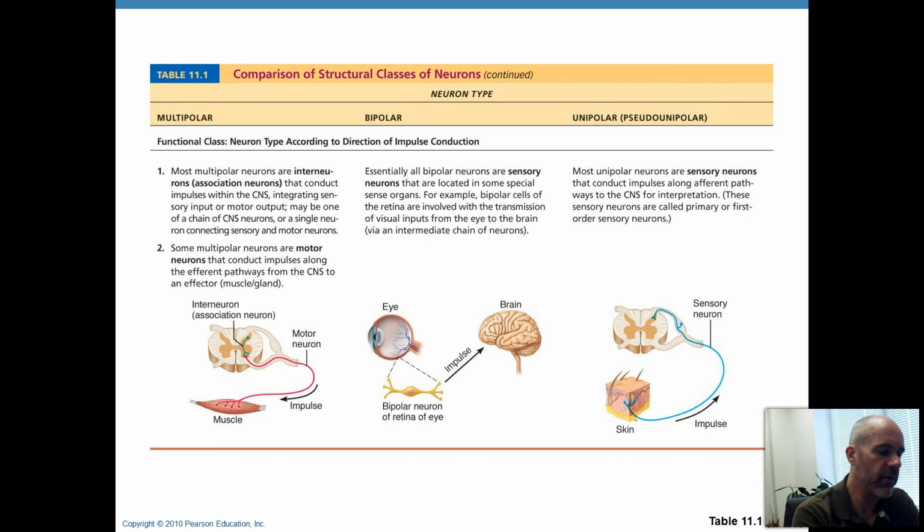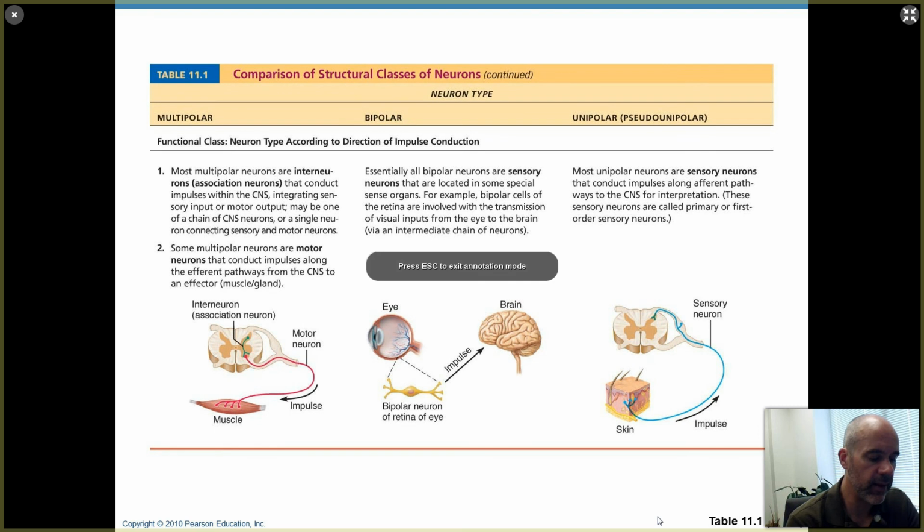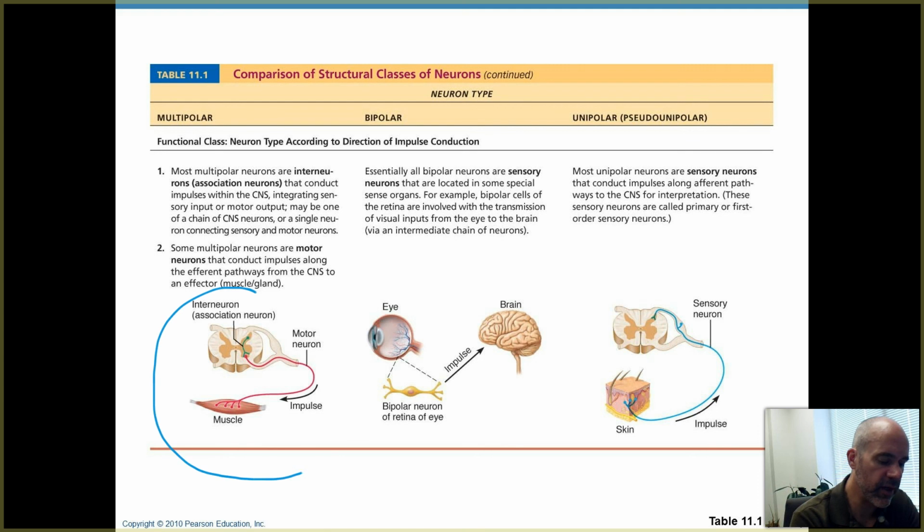Okay, and so this table, which you guys can go back into chapter 11 and read through, is like I described. There's a nice little picture here showing you some networking between an interneuron in the spinal cord and a motor neuron that's going to stimulate a skeletal muscle to contract.